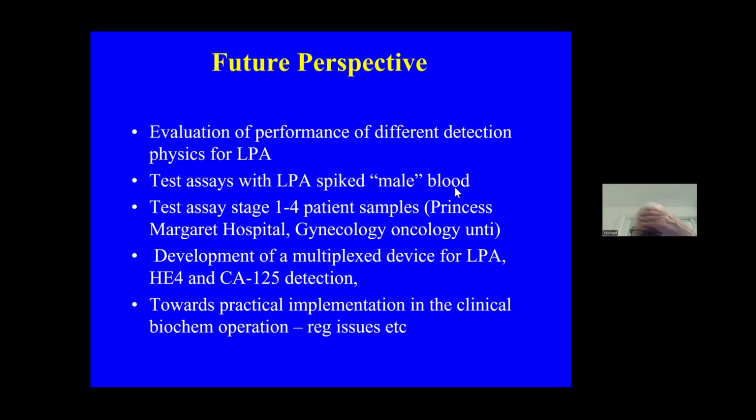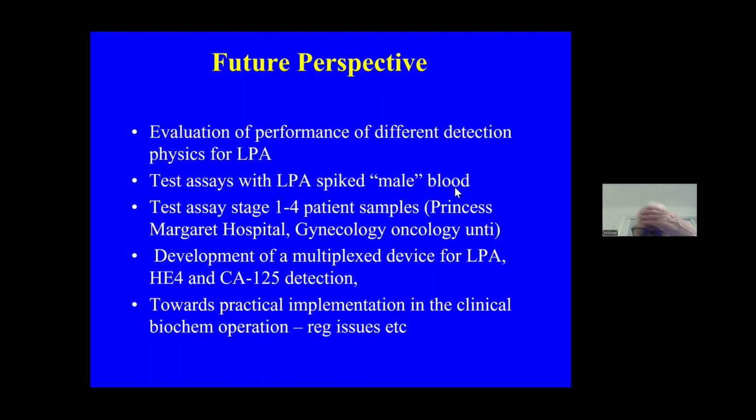They do have samples from patients at all the various stages, stages 1 to 4, plus the sub-stages. They have all of that available. And so one of the things that we want to do is to apply the techniques that we've looked at here to these patient samples.